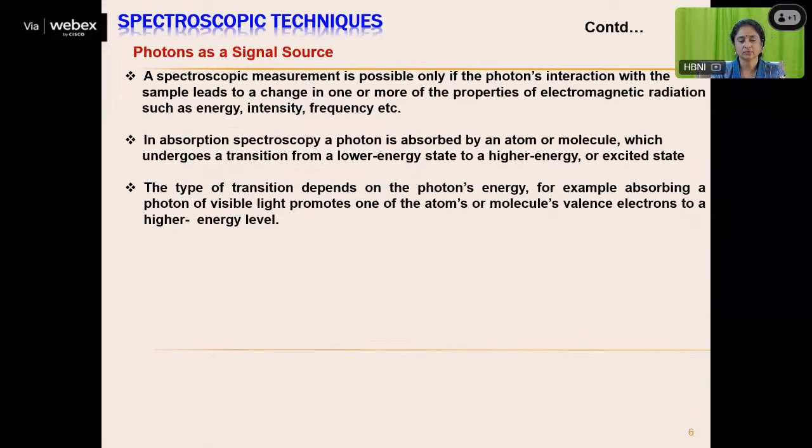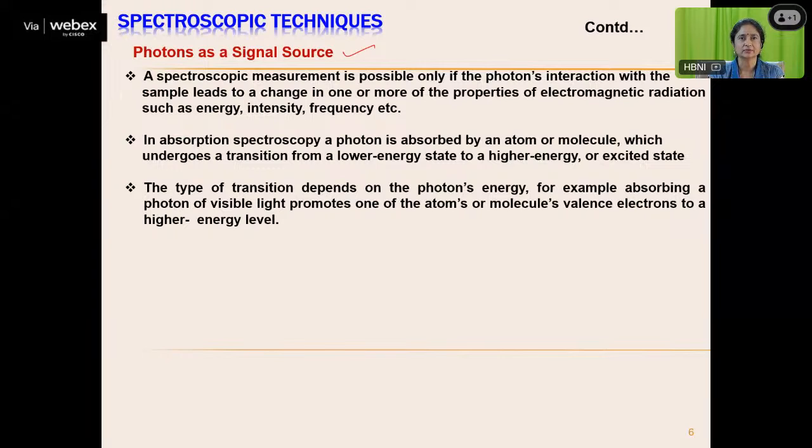So now, throughout the spectroscopic techniques, what is the signal? It is the photon. Photon as a signal source. So a spectroscopic measurement is possible only if the photon's interaction with sample leads to a change in one or more of the properties of electromagnetic radiation, such as its energy, intensity, frequency, and so on.